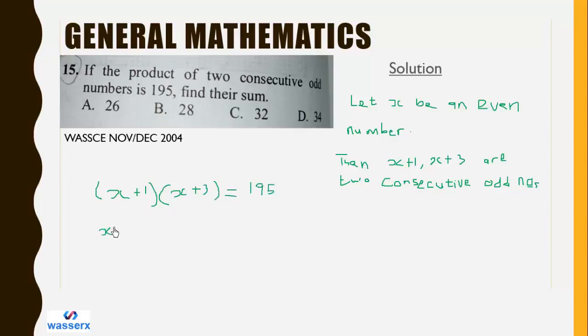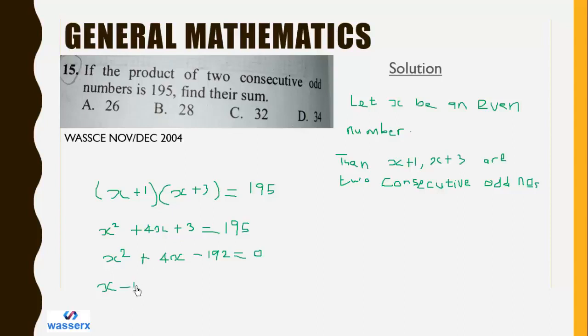So we expand to obtain x squared plus 4x plus 3 is equal to 195. So we group like terms to obtain x squared plus 4x minus 192 equals 0.